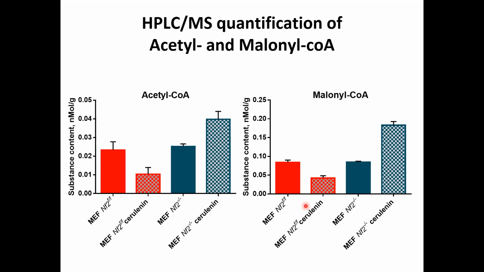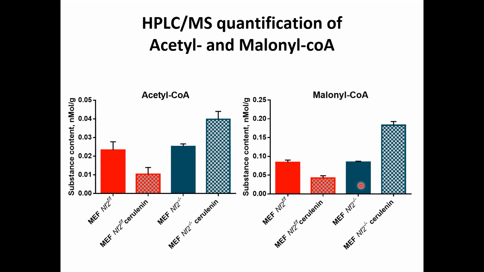And this situation is even more obvious when evaluating malonyl-CoA. So normally, the level is nearly the same for NF2 deficient cells and control cells because the fatty acid synthesis level is so high in these cells that they just utilize all the malonate in normal conditions.